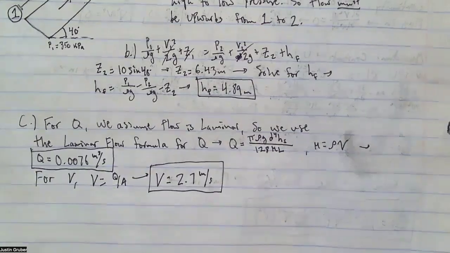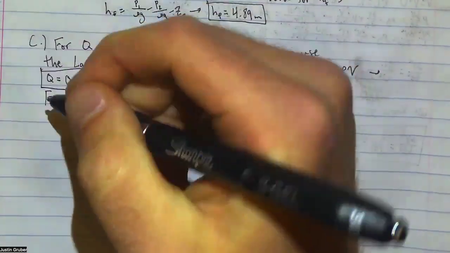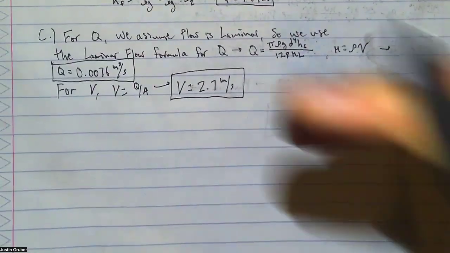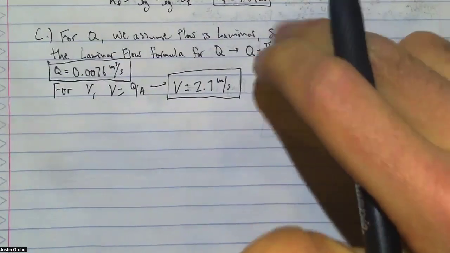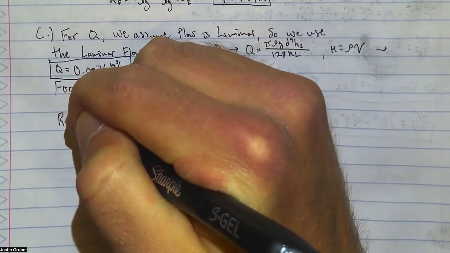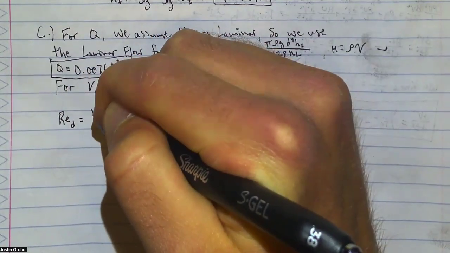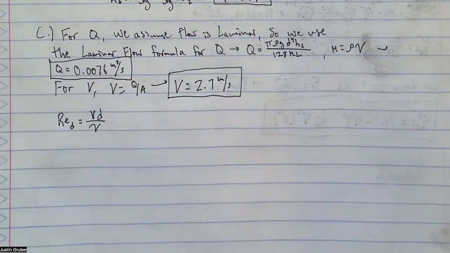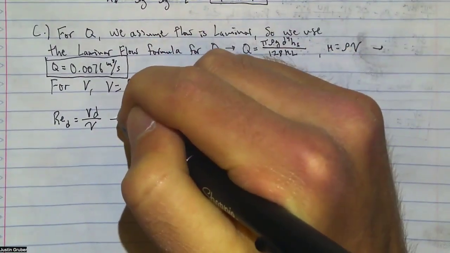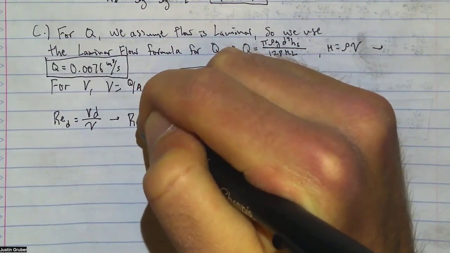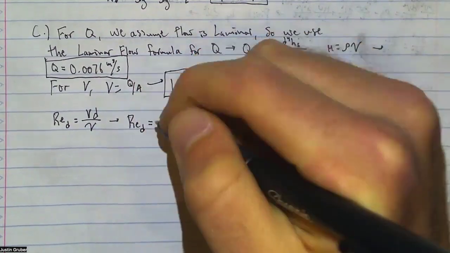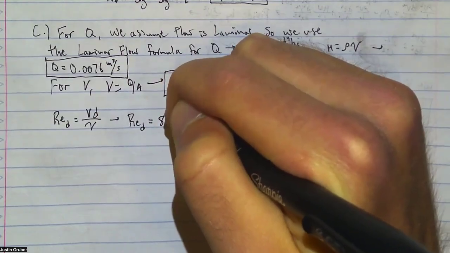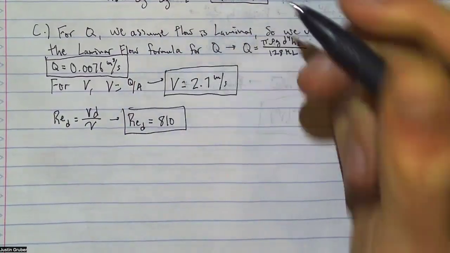And lastly, we want the Reynolds number with respect to the diameter, which we're given kinematic viscosity, so we're going to write it in that form. Re_D is velocity times diameter over kinematic viscosity. So to plug this in, should be about 810. And again, that's non-dimensional. There's no units on that.